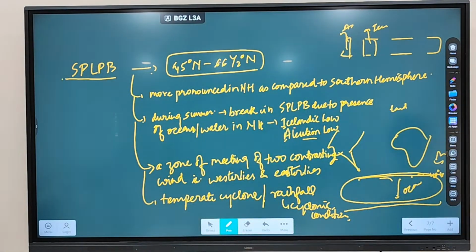During summer, there is a break in subpolar low pressure belt due to presence of ocean or water in the northern hemisphere, referred to as the Icelandic low and Aleutian low. It is a zone of meeting of two contrasting winds, westerlies and easterlies. And lastly, temperate cyclones are being seen over here, or cyclonic conditions are being observed. Fine.